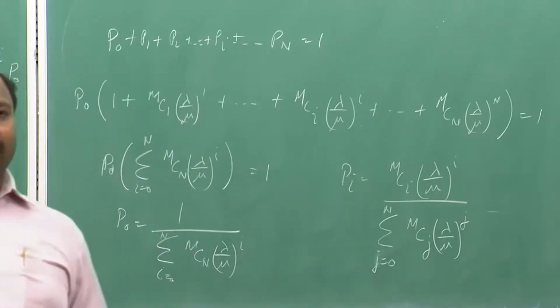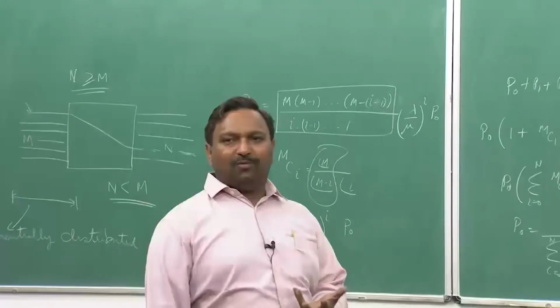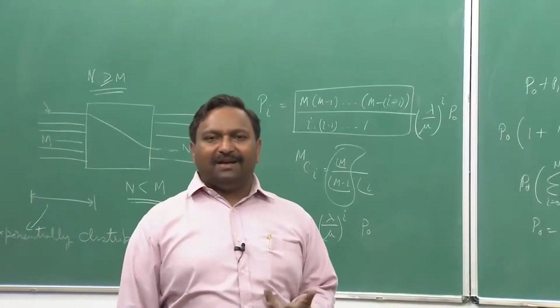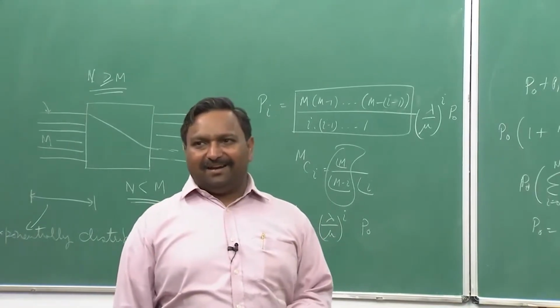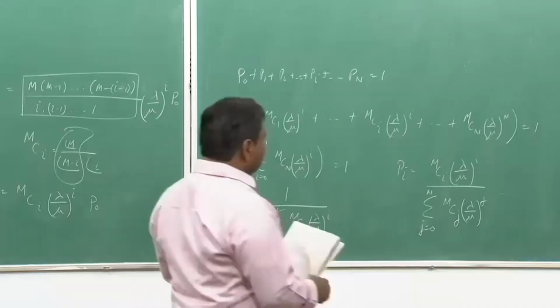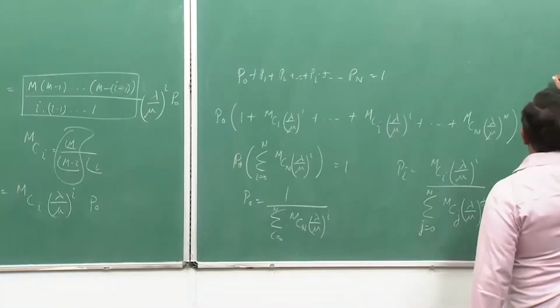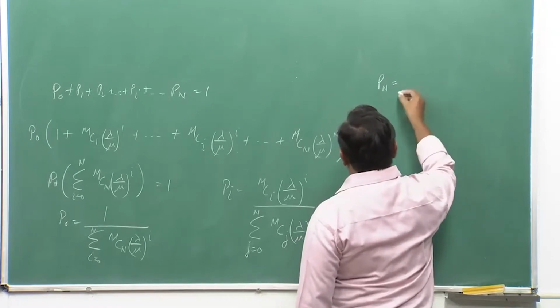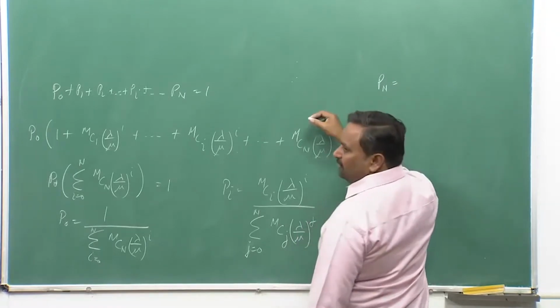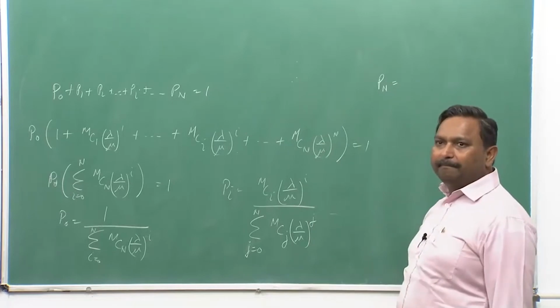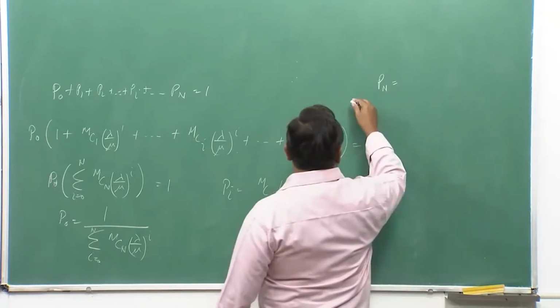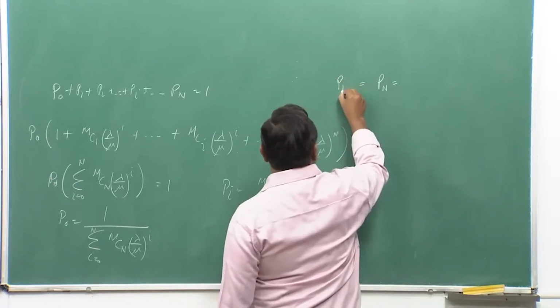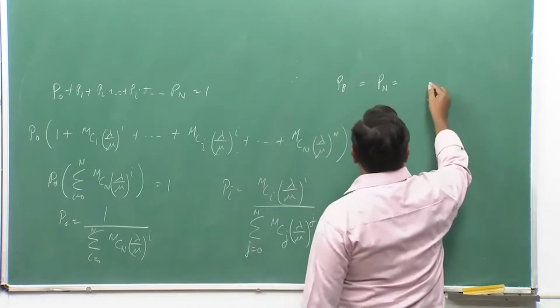Now, what is the probability of being in the blocked state? So, what is the blocked state? When the switch is in state n, and when I do that, the probability of the switch being in blocked state, we call it also as a PB, okay. Probability of being in blocked state, that is the way I will be representing this.